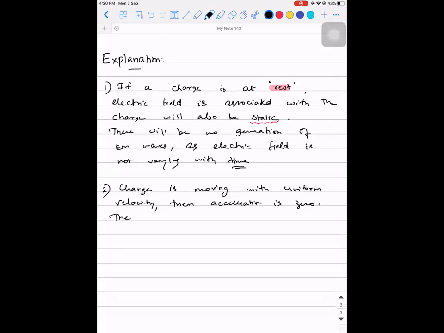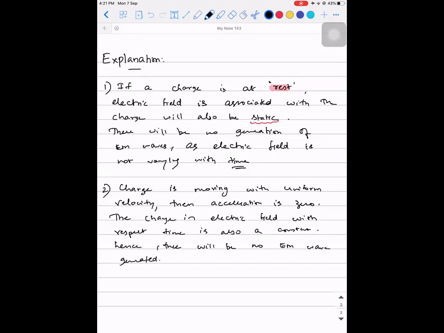The change in electric field with respect to time is also a constant. Hence, there will be no EM wave generated.